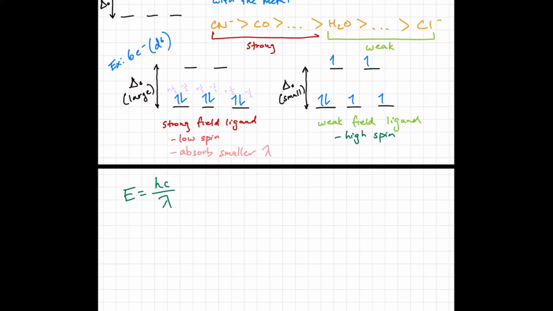And so the opposite is true for the weak field ligands. They absorb larger wavelengths because the energy needed to promote an electron isn't as big.